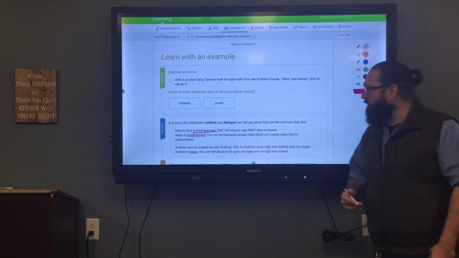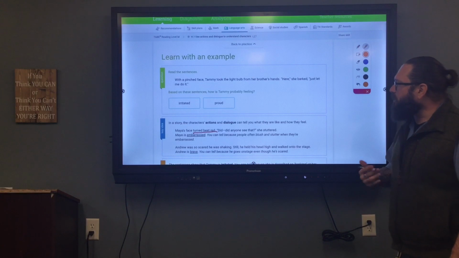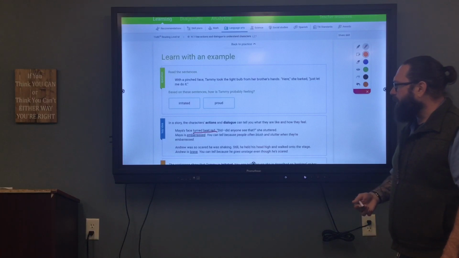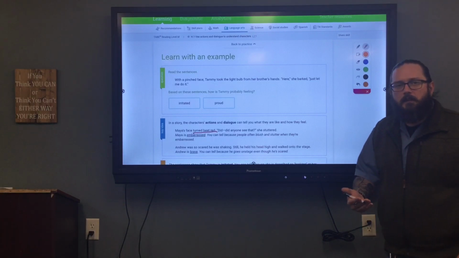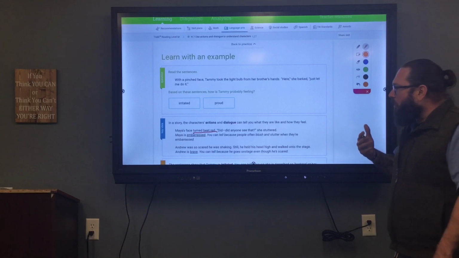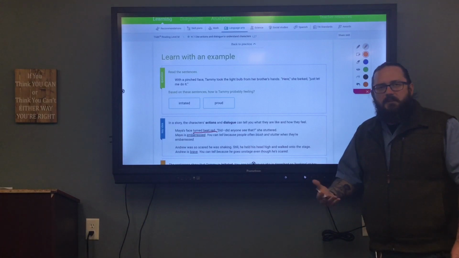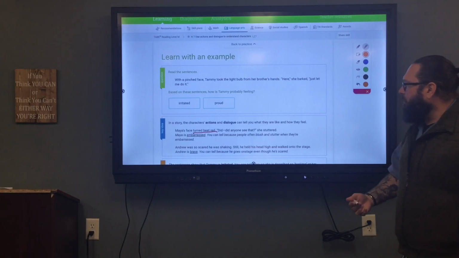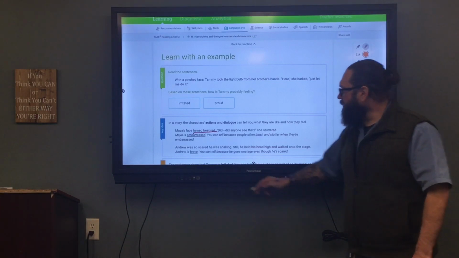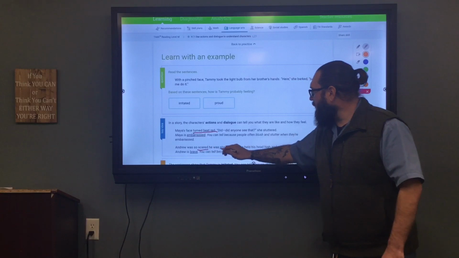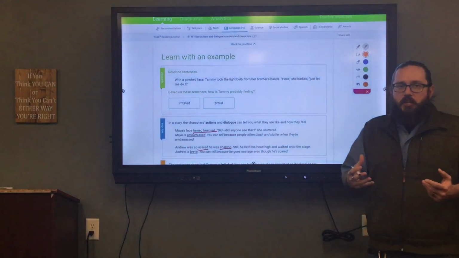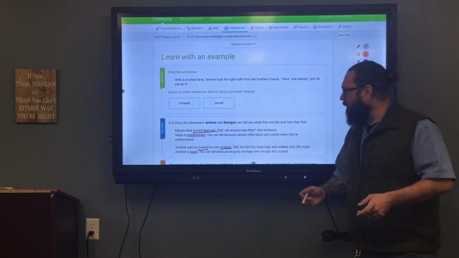Let's look at another example. Andrew was so scared he was shaking. Still, he held his head high and walked onto the stage. So how is Andrew feeling? Well, based on the information in the text, we can say that Andrew is brave. We are told that he is scared and shaking, so we know that he's nervous about doing something.